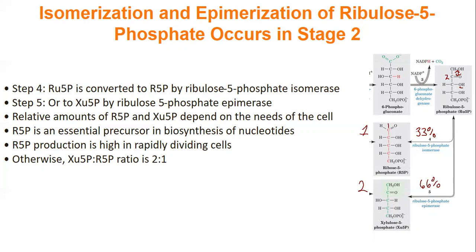So for this pathway, it's important to make NADPH. That's one important thing to make. So talking about the pathway in general, not just stage 2, one of the important products is NADPH. The second important product is ribose 5-phosphate, because this ribose is going to make nucleotides, right?